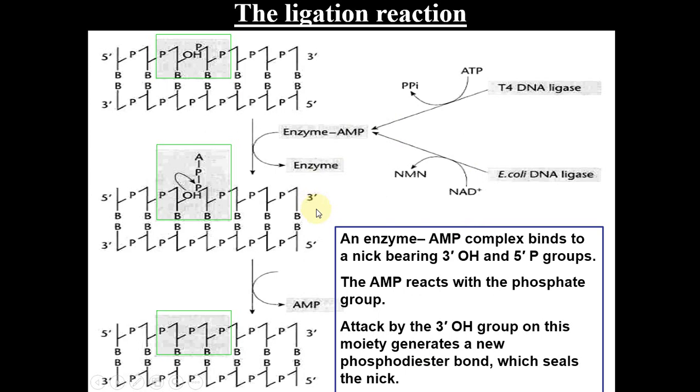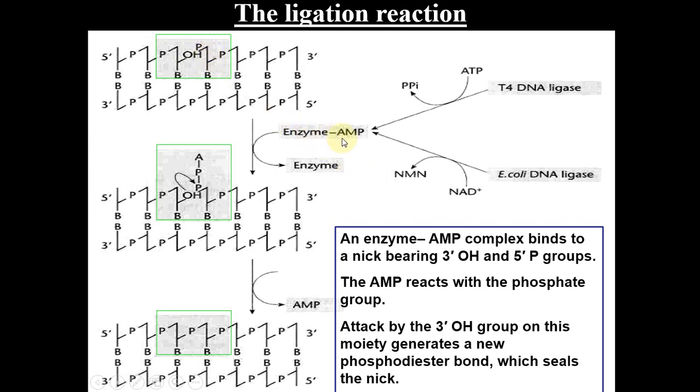This is the ligation reaction. Here is the single-stranded break, because you can see a free 3' OH and a phosphate. Here is the gap between these two segments, which is known as a nick. Nick means a gap present between two DNA segments.